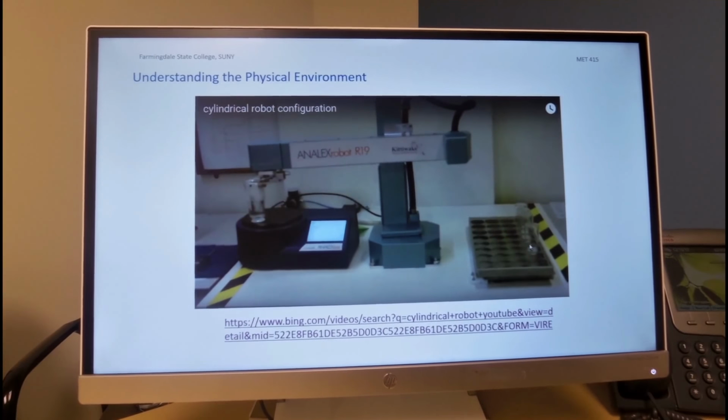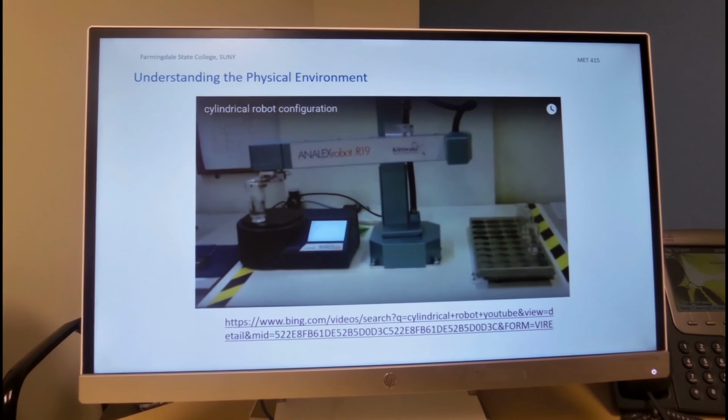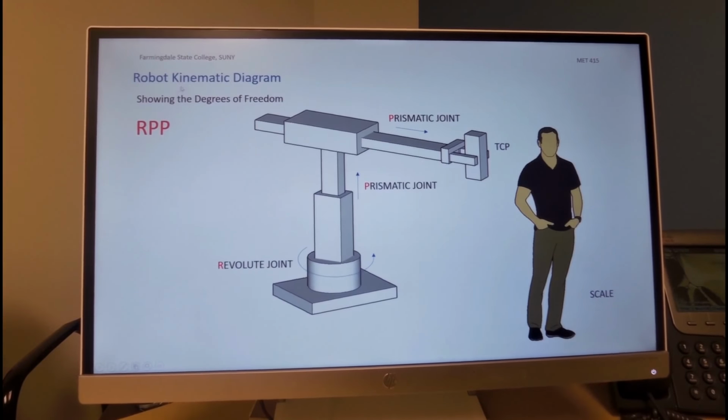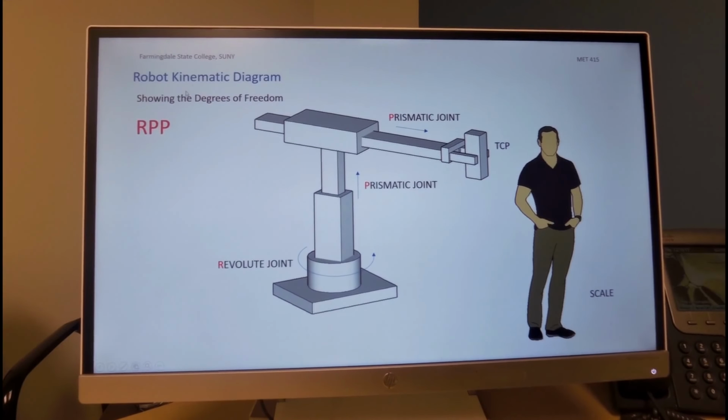We have a kinematic presentation of the robot. We call it kinematic diagram. We call this robot RPP, revolute joint, prismatic joint, and prismatic joint.